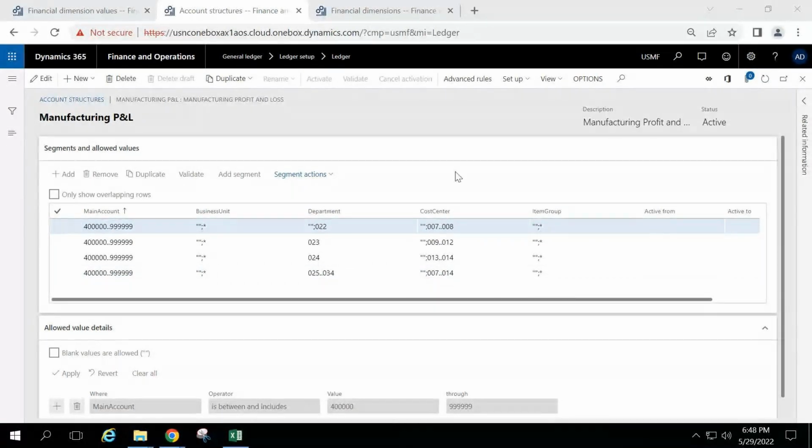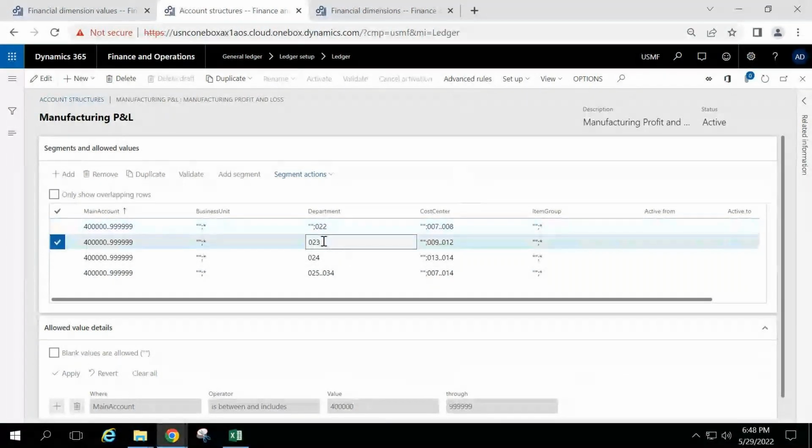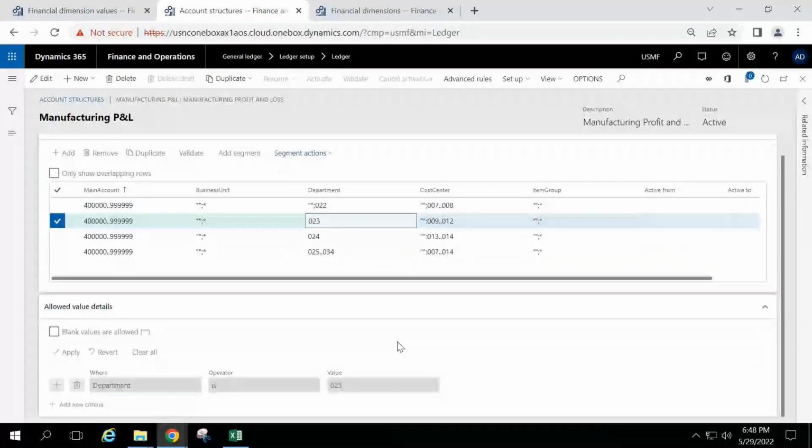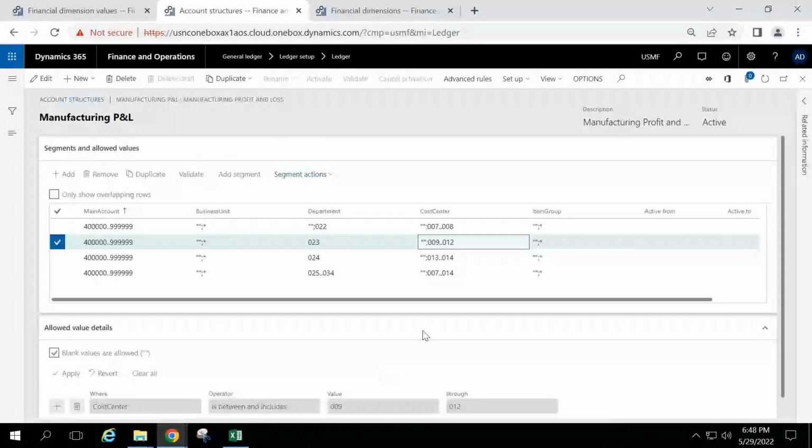If I select 023, I want the cost center to be 009 or 010 or 011 or 012. That's it. I don't want 007. That's what you are defining here. Got it? Okay. Clear? So now activating is the pending point.